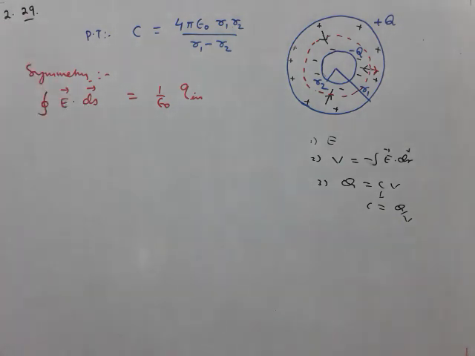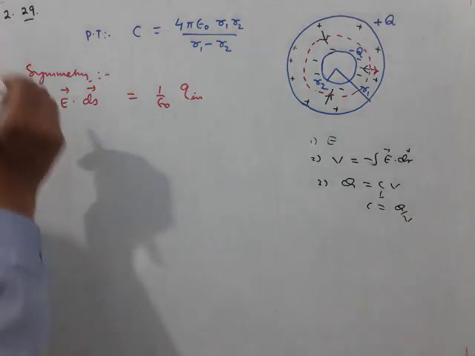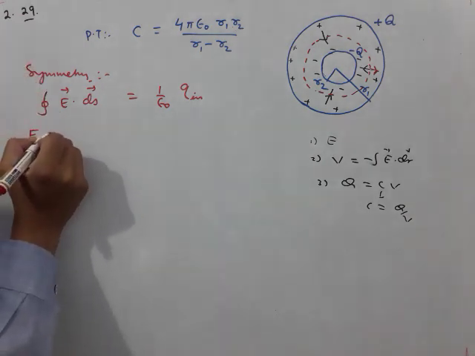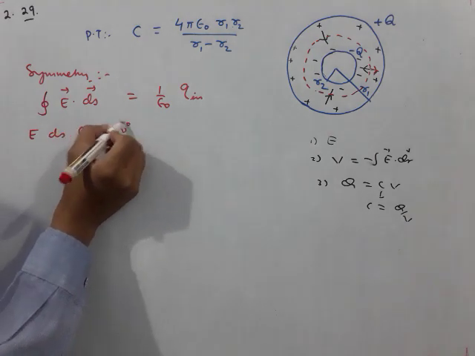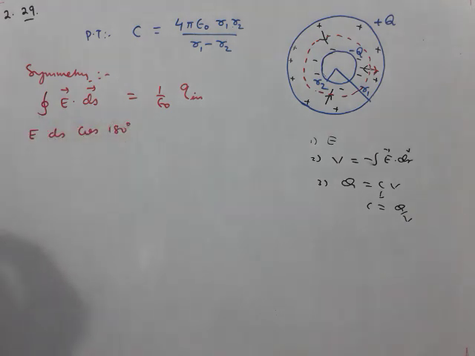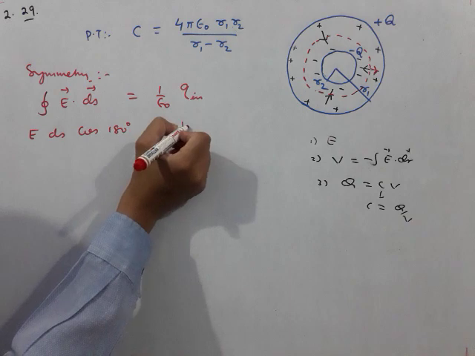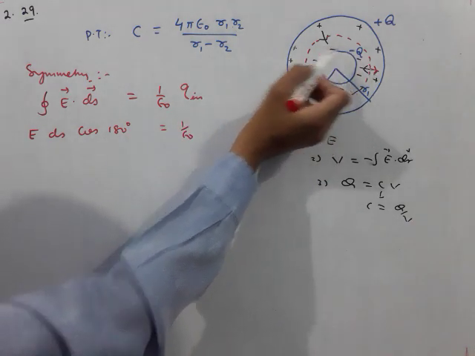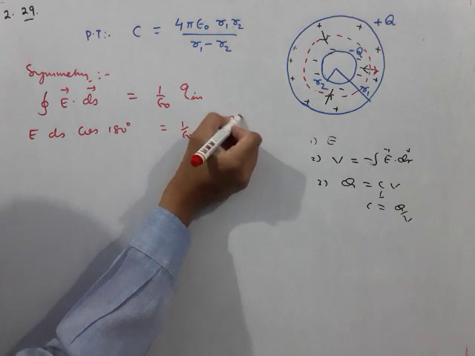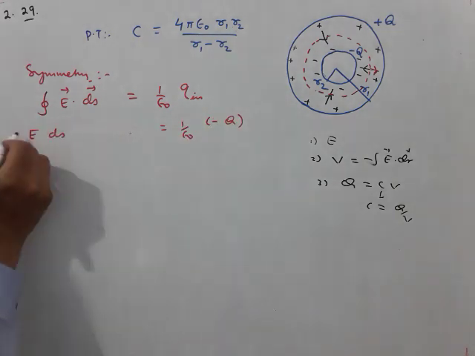So E dot ds, what will it become? It will become E times ds times cos 180, and that will become 1 by epsilon naught times q in. What is q in? Q in is the charge inside this Gaussian surface, that is minus q. So cos 180 will become minus 1.